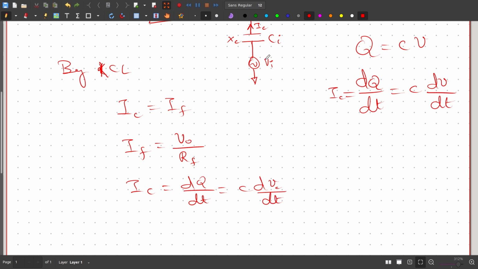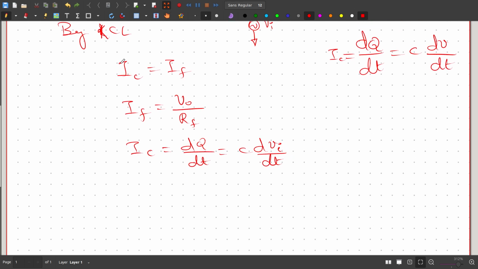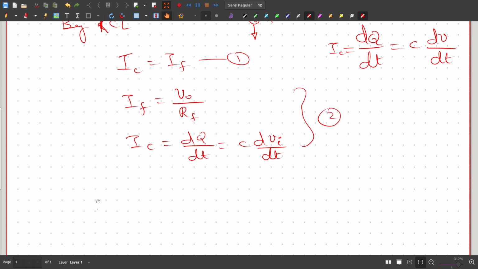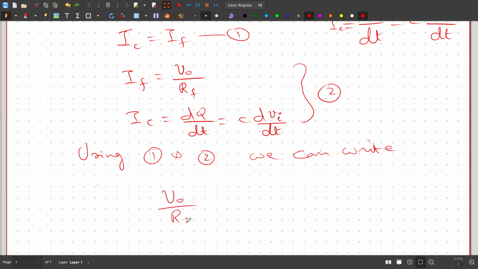And this V is the voltage of the input signal, therefore this is Vi. Using equations 1 and 2, we can write that V0 by RF equals C times dVi by dt.